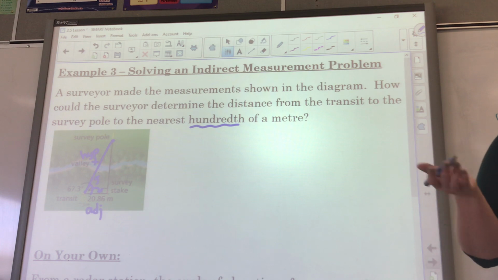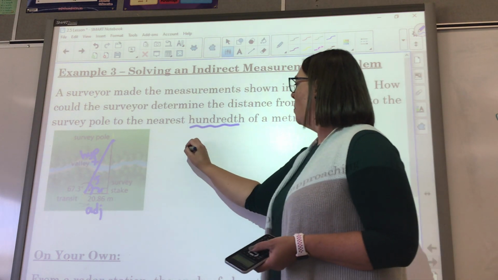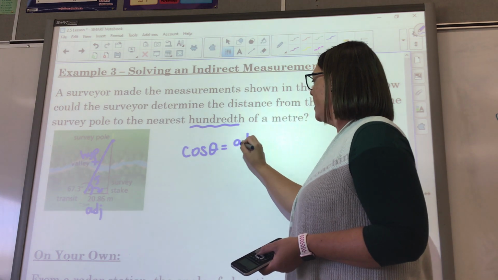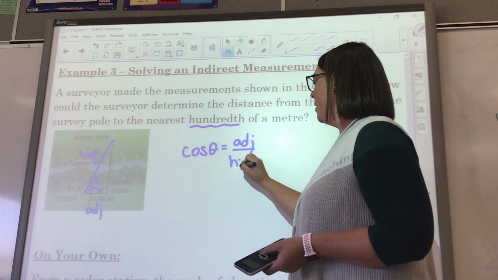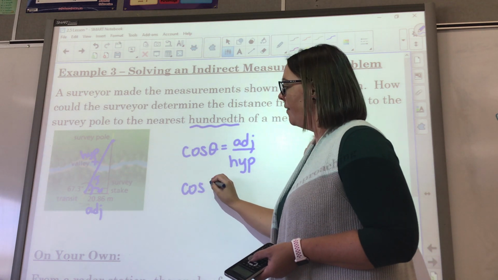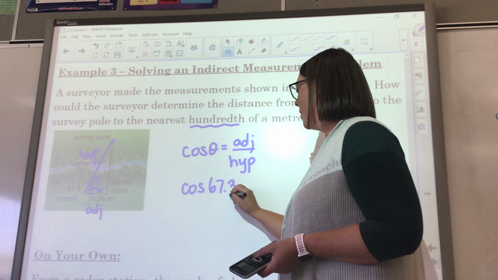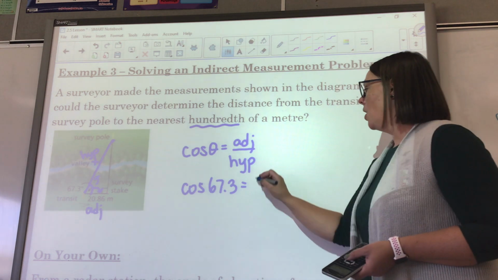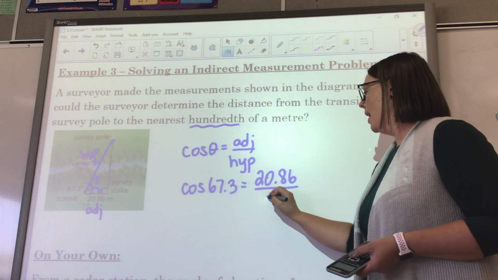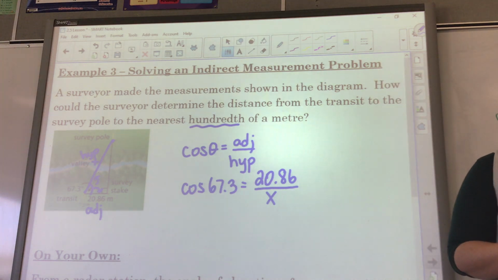Process of elimination you can use. So we're using cos because cos is adjacent over hypotenuse. Our angle measure is a little more specific here, 67.3. Our adjacent side is 20.86, and we're looking for our hypotenuse.